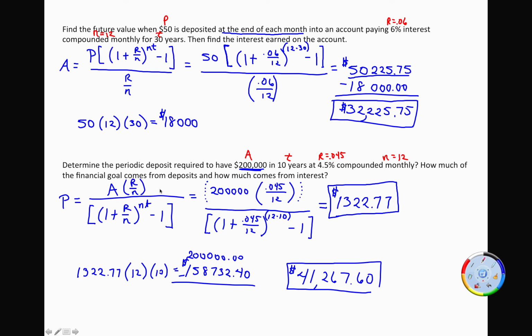Okay, and it asks how much comes from deposits and interest, so I better label this interest. And this right here is deposits. Okay, $158,732 from deposit.